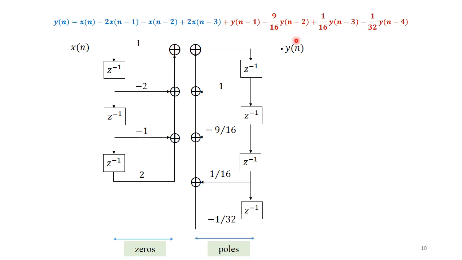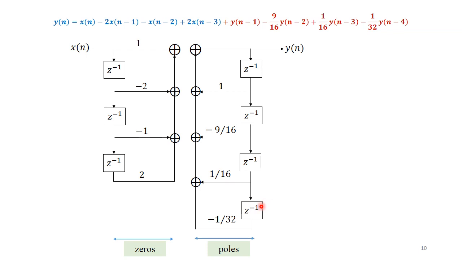Then y of n minus 2, two delay elements are added. The coefficient is minus 9 by 16, so minus 9 by 16. Then y of n minus 3, one more delay element is added. So this is y of n minus 3. Coefficient is 1 by 16. It is added over here. Now we are going to get the result.